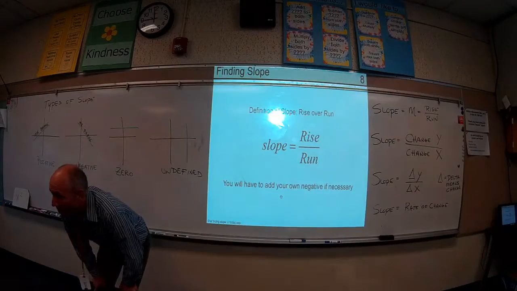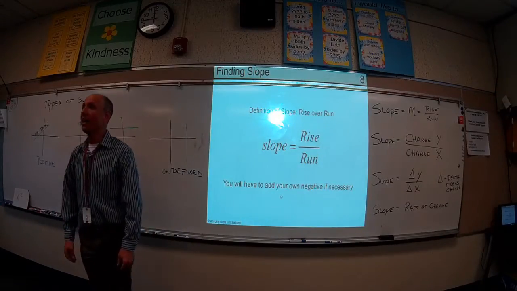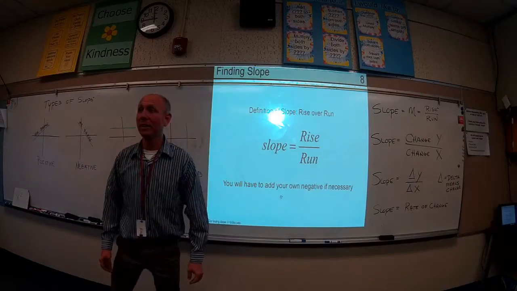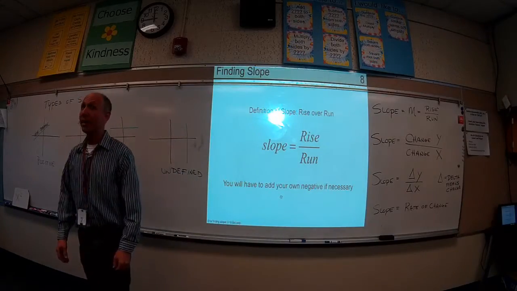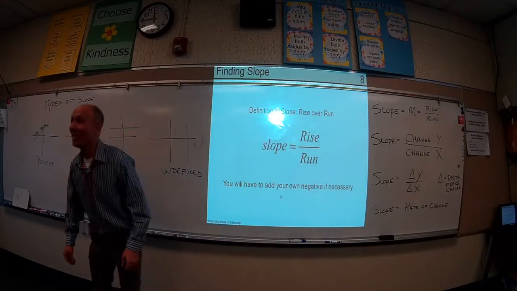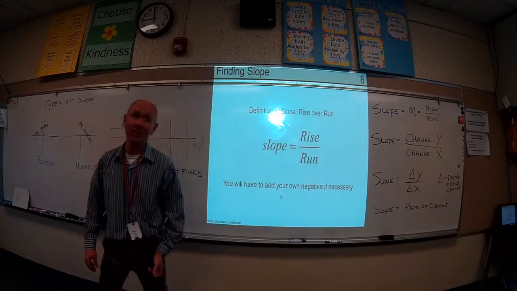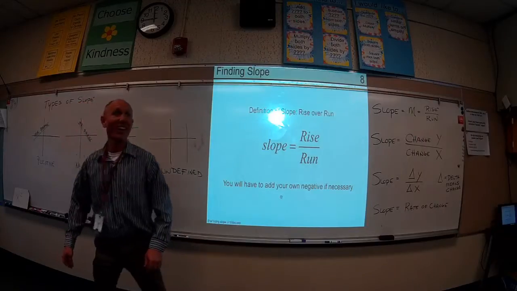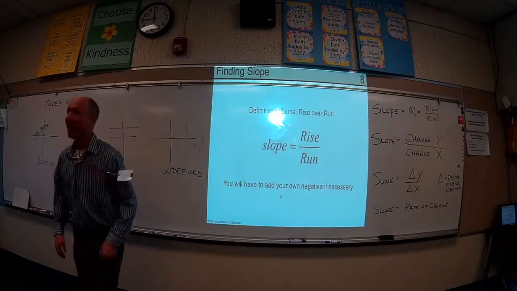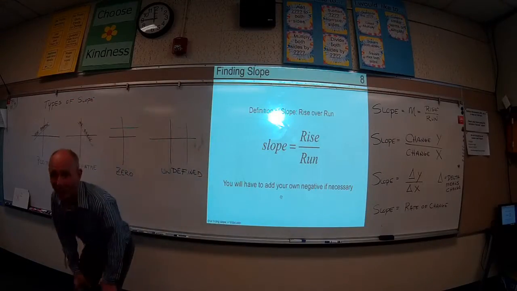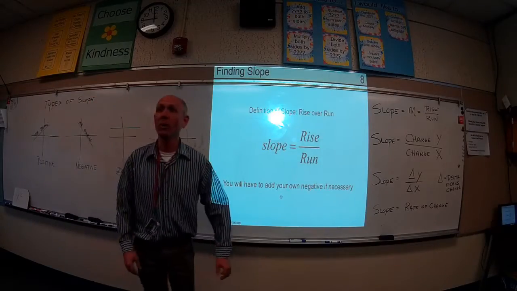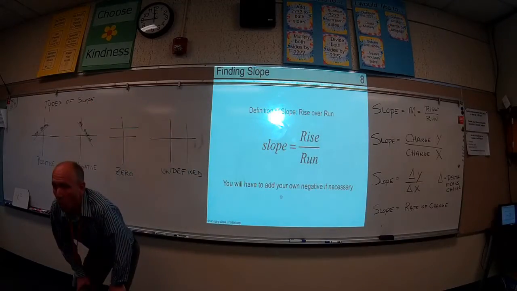Rise over run, rise over run. The slope is defined, rise over run. You've got it. It's the whole song. Ready? Rise over run, rise over run. The slope is defined, rise over run. Slow motion now.